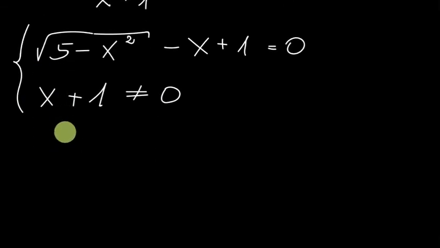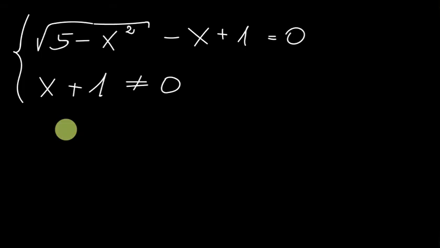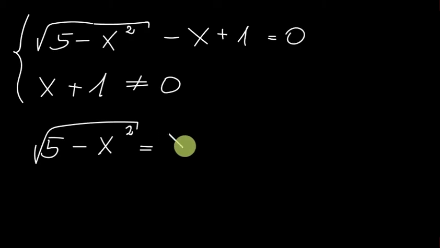So now let's solve this system of equations. Okay, so we need to move this minus x and 1 to the other side. So let's do that. Now we isolated our square root. Now we need to square both sides.